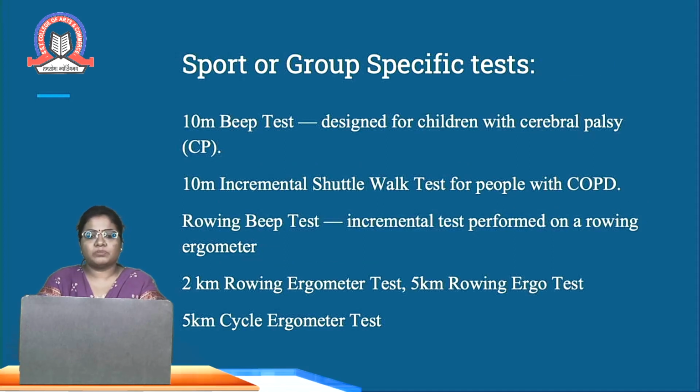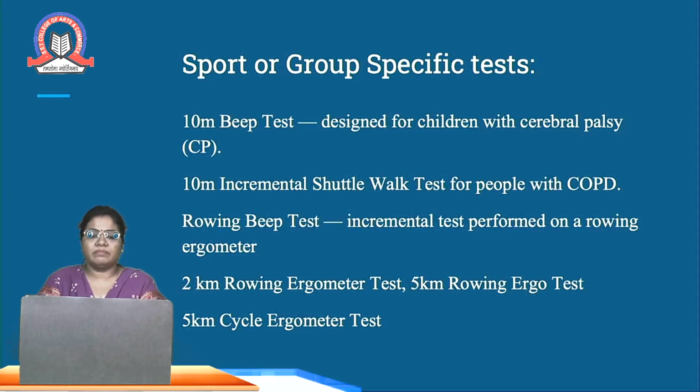Next one, sport or group specific tests. This is a different test. A sequence of many steps will be followed repeatedly. According to that, one's ability or fitness can be judged. The 10-meter beep test is designed for children with cerebral palsy, CP. This is one of the tests to find among children.